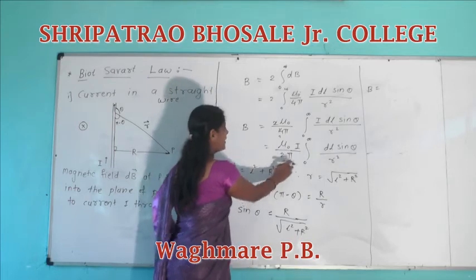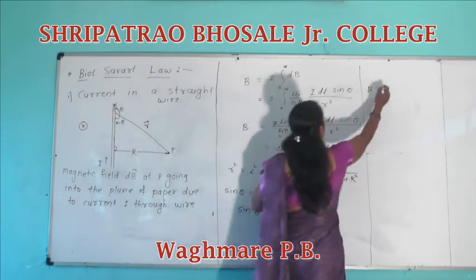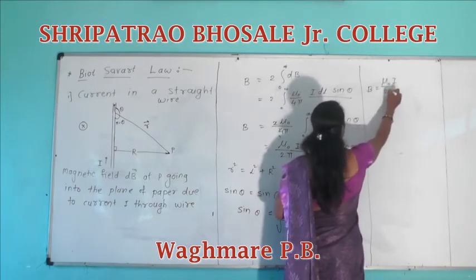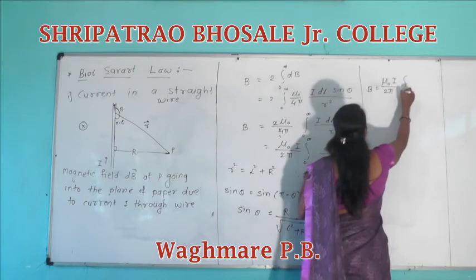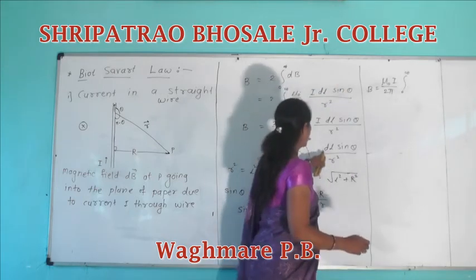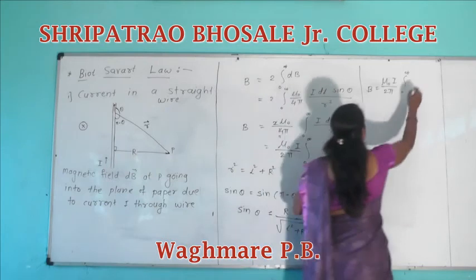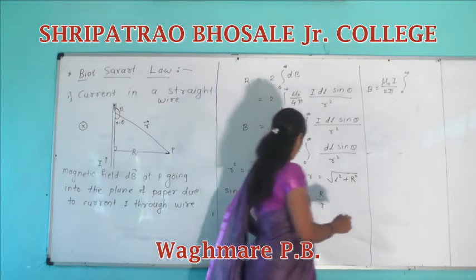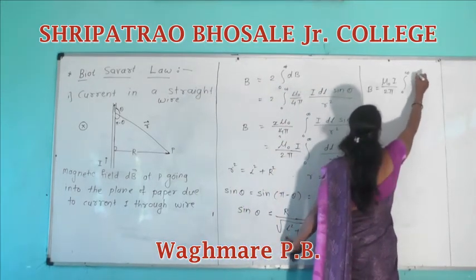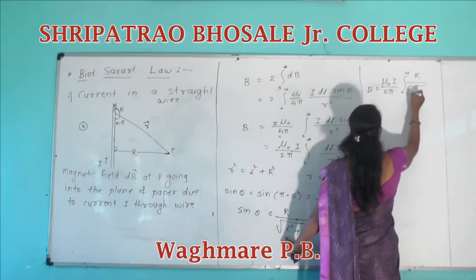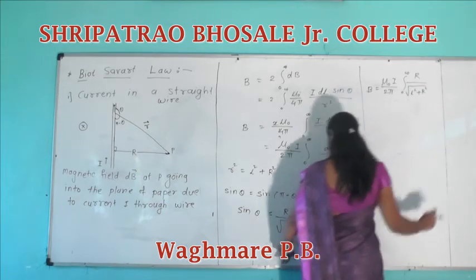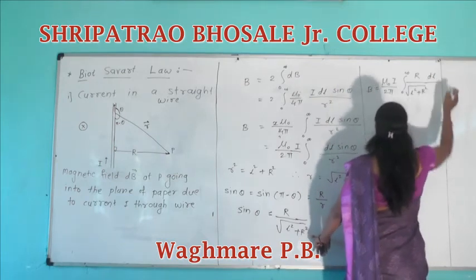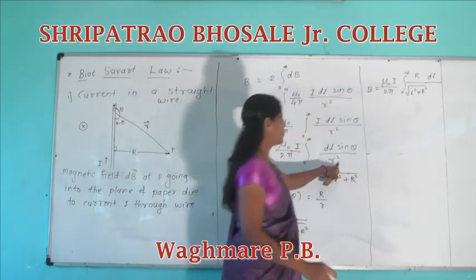Therefore, B is equal to mu 0 I upon 2 pi, integration of 0 to infinity, dl, and instead of sin theta we write R upon under root of L square plus R square, into dl upon r square.